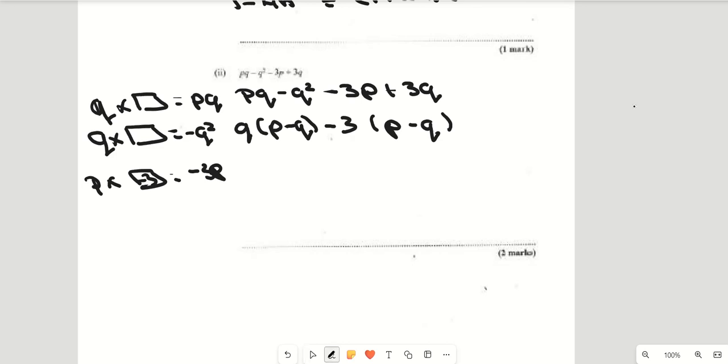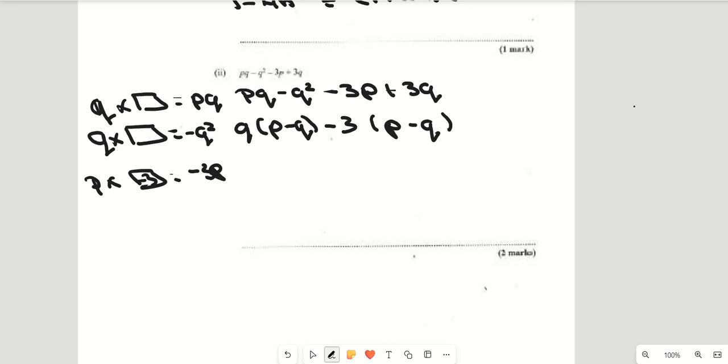Minus 3 by p is minus 3p, and then minus 3 by minus q. A minus and a minus is a plus. So you know that, yes, you do have plus 3q. This is not your final answer, but you know that this is correct so far.